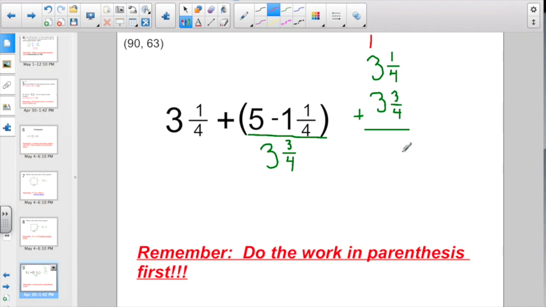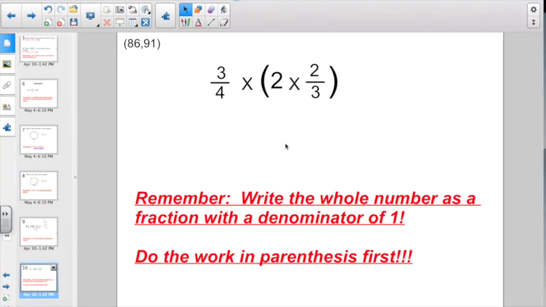So don't leave it as 4/4 on the fraction side. Change it over to 1 whole on the whole number side, and we're back with an easy problem now. 1 plus 3 more, hey, that's 7. Not 6 4/4.